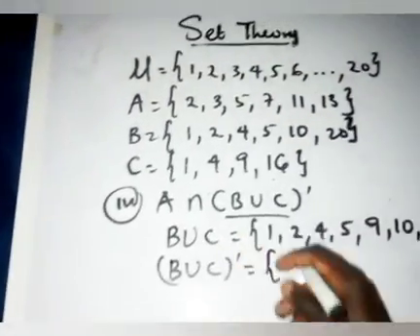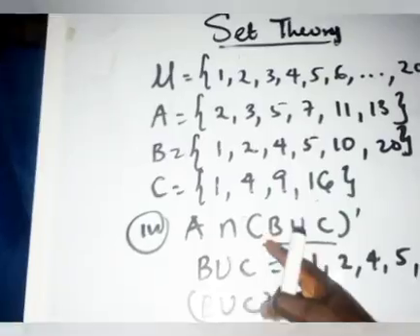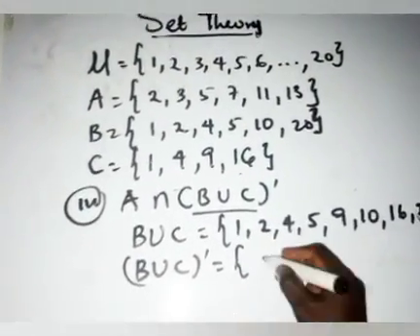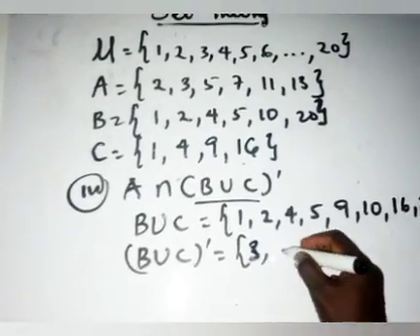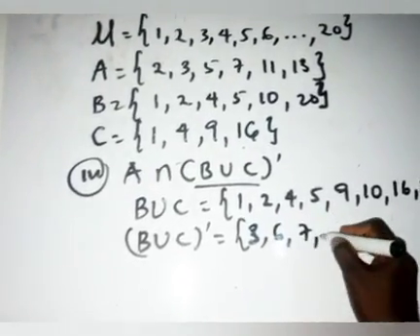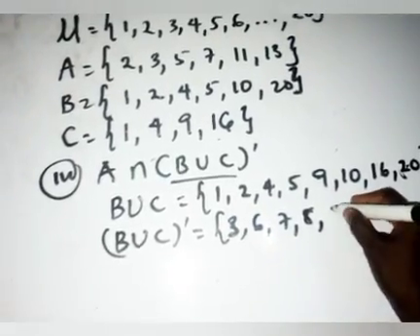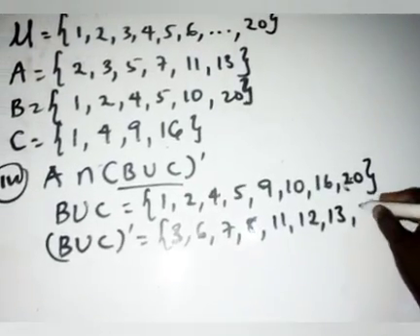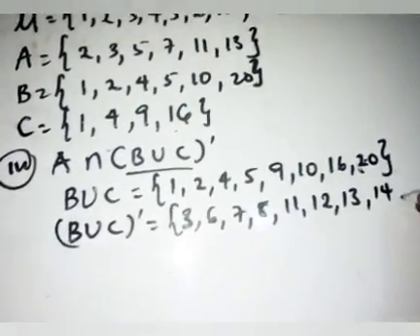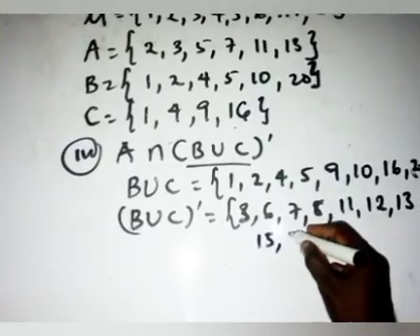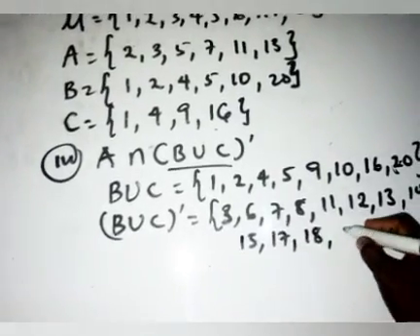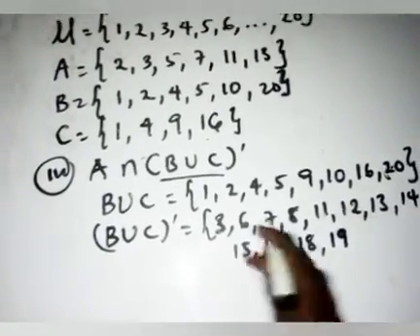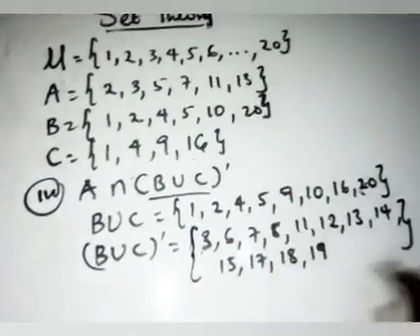B union C prime contains those elements that are not in B union C. We don't have 3 here, we don't have 6, 7, 8, 11, 12, 13, 14, 15, 17, 18, or 19. So these are the elements in B union C prime.